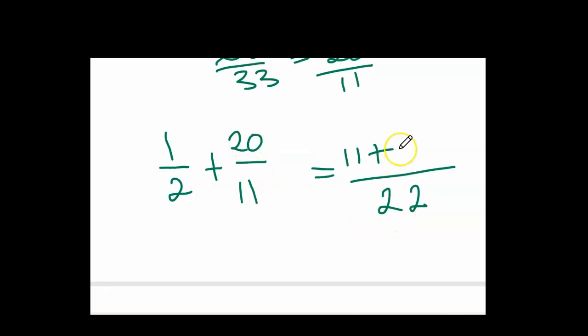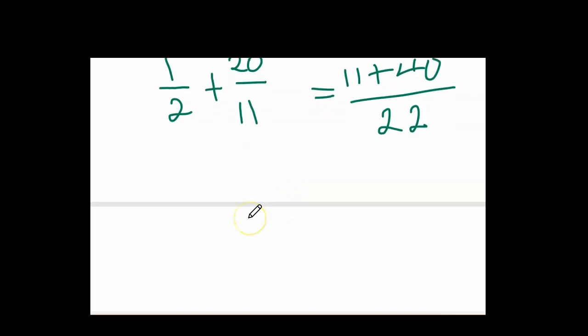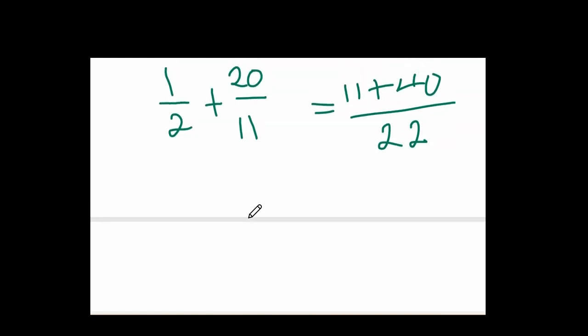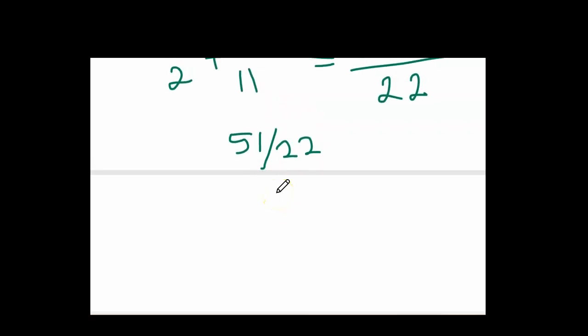Then 2 times 20 gives us 40. So altogether now, what do we have? 11 plus 40 should give us 51. So that becomes 51 over 22. Now we can leave it as an improper fraction this way, or we simplify.